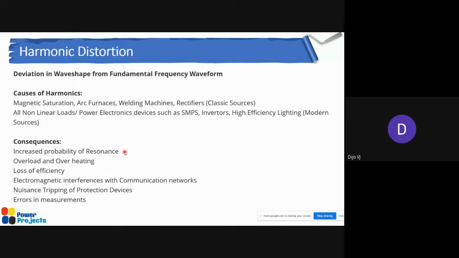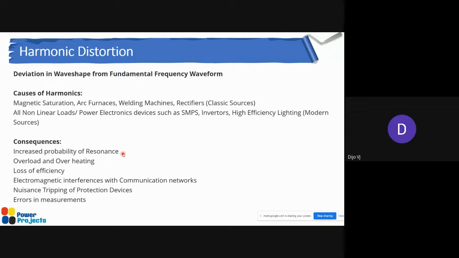When you have harmonics injected into the system, and the characteristic impedance of the system at those particular harmonic frequencies is either higher or lower, it can create a resonance condition, which means that the distortion becomes much higher when it comes to the resonance frequency stage, and your resonance frequency of the system matches what is injected into the system from power electronics devices.